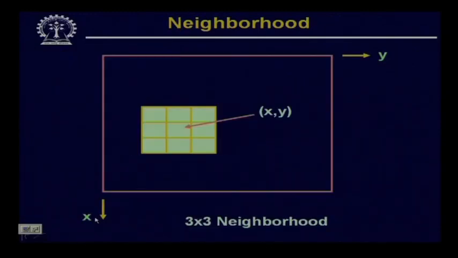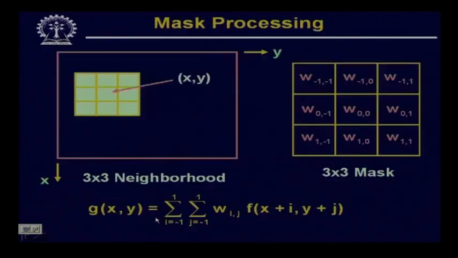Here we have shown a 3 by 3 neighborhood around a pixel location (x, y). This outer rectangle represents a particular image, and in the middle of this we have shown a 3 by 3 neighborhood, which is taken around a pixel at location (x, y). By mask processing, what we mean is, if I consider a neighborhood of size 3 by 3, I also consider a mask of size 3 by 3.